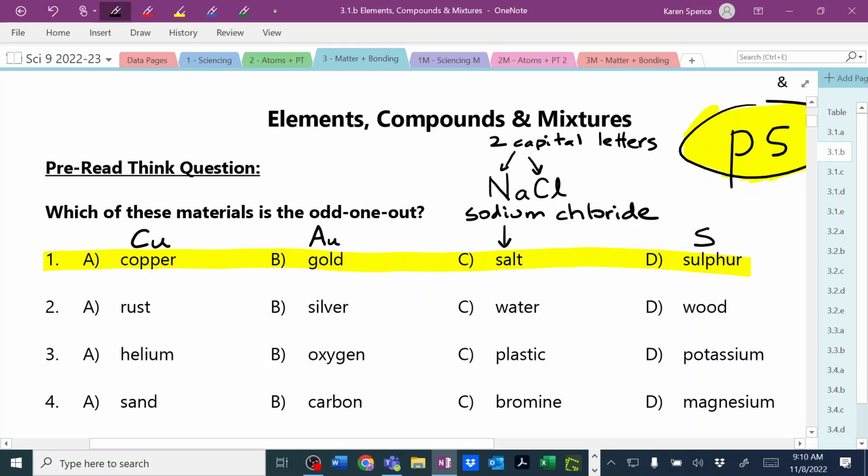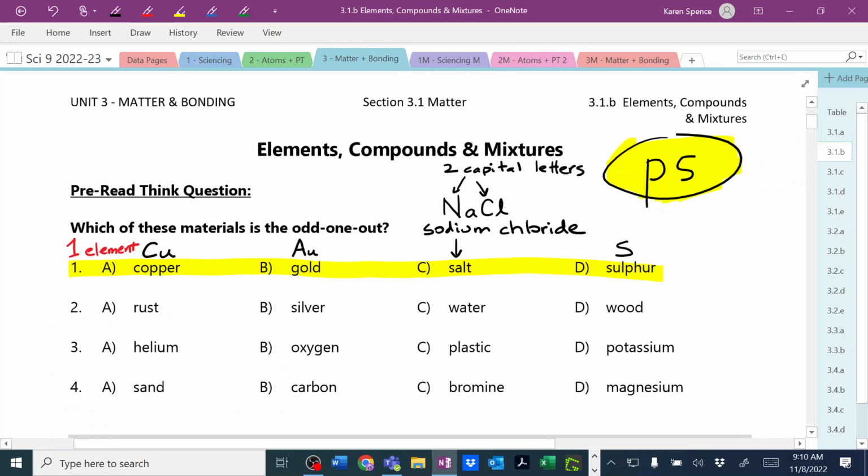And if I have 1 capital letter, how many elements do I have? 1 element. Sulfur is just 1 element.